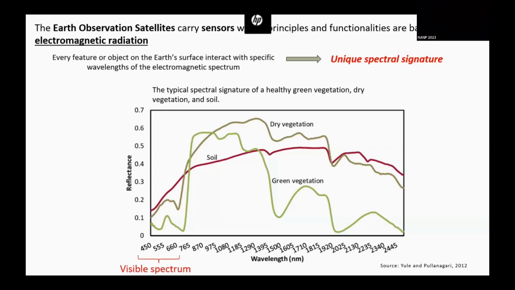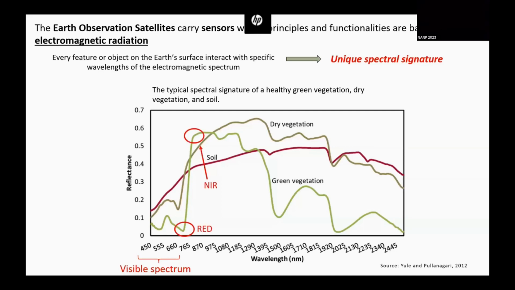The visible spectrum, this is a nice curiosity, the spectrum that our eyes can see, is a narrow one, approximately 400 to 700 nanometers.